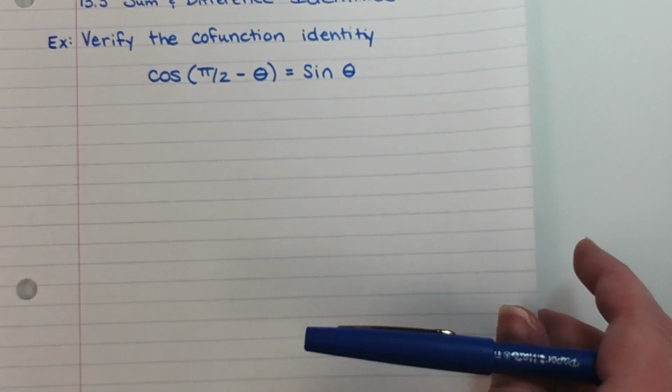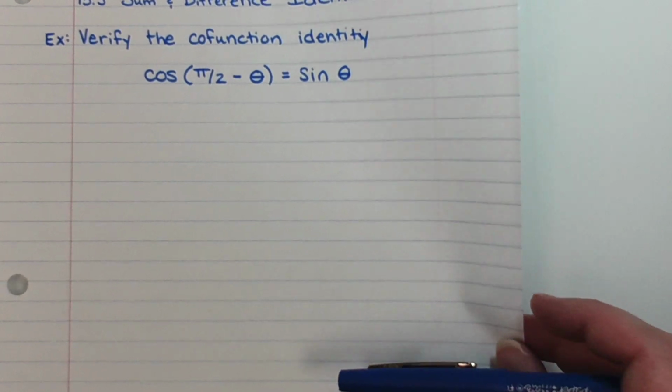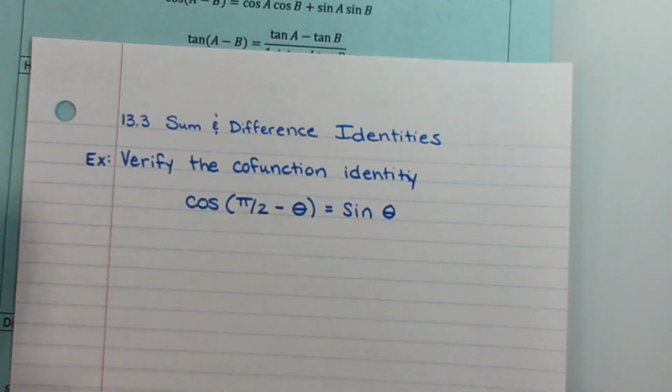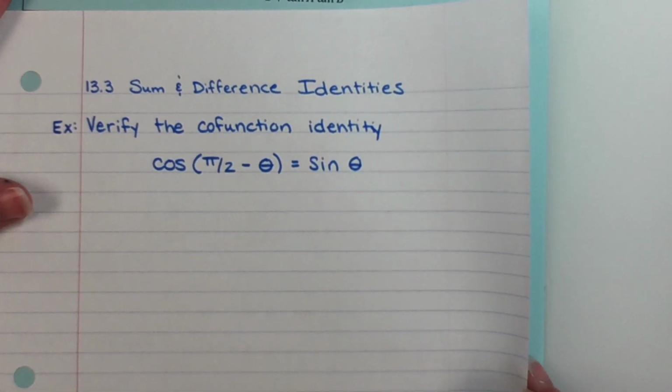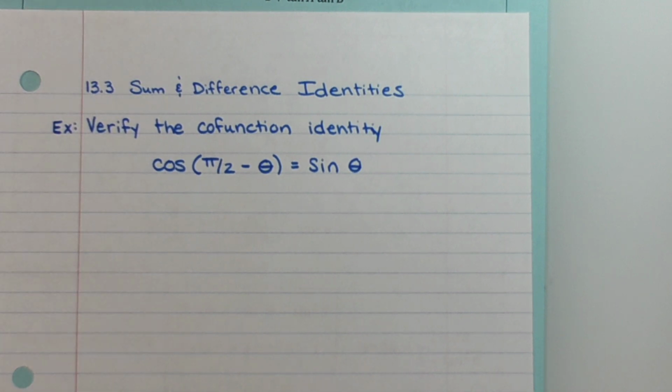When it comes to using the sum and the difference identities for verifying, generally speaking, these ones don't show up a whole lot in the more complex verify ones. These ones just kind of show up in something that looks just like this. When it comes to using these, you really just have to figure out which of the identities it fits and start plugging things in.